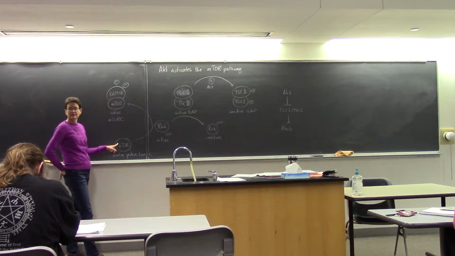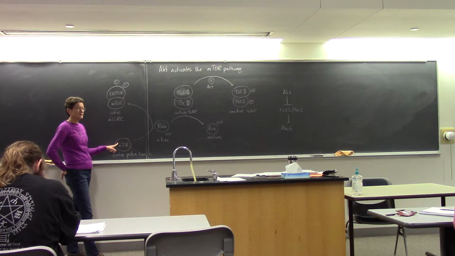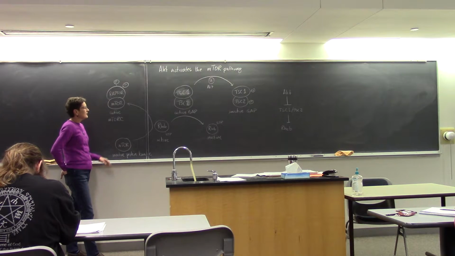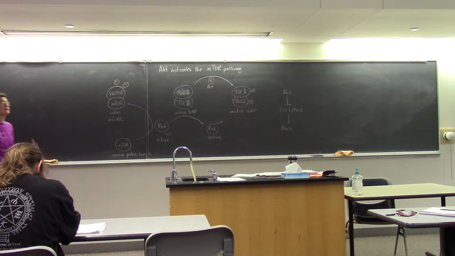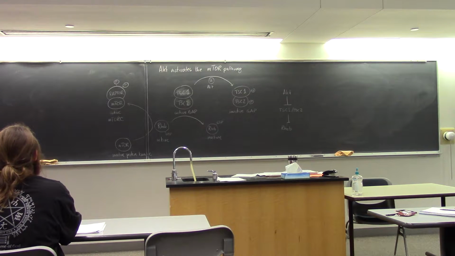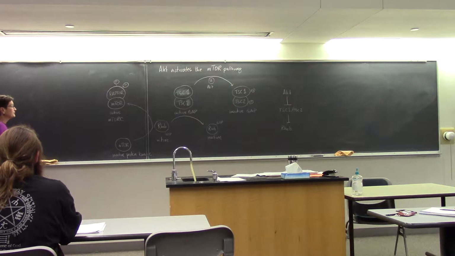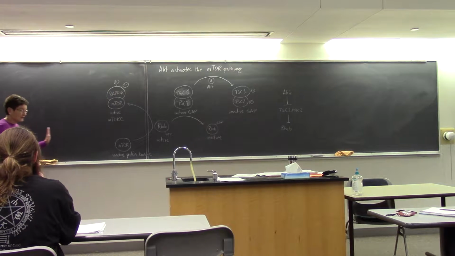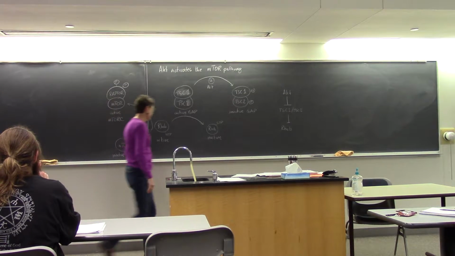Don't you think this is the most screwy pathway we've ever seen? The problem is mTOR is a central regulator of so many cell activities. Everybody okay with AKT leading to the activation of mTOR?